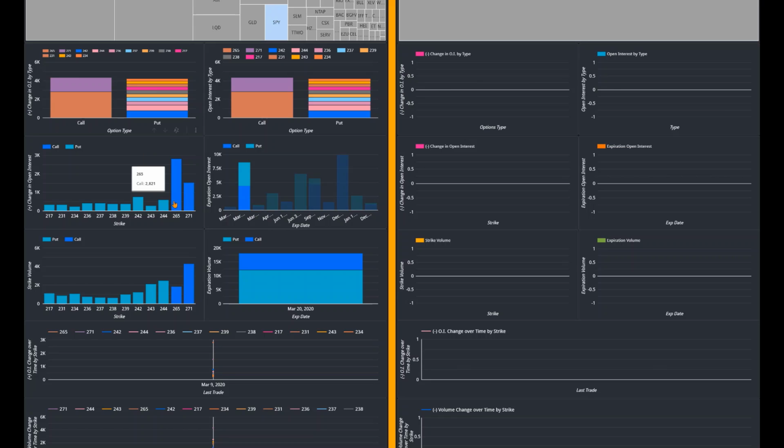You can make a couple of bets here. You can either follow this order because it's not easily recognized. You can say, let me sell in the money calls for 265, take a risk, or you can just buy a long put, which is also the same thing for a 265 strike. Or again, you can go into 244, 242, and essentially start monitoring that position as to what happens before March 20th.